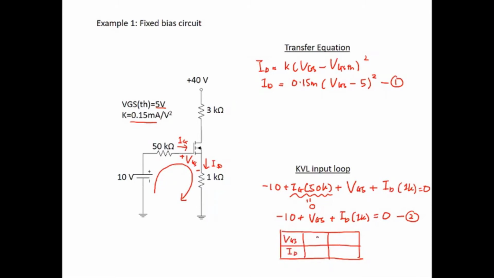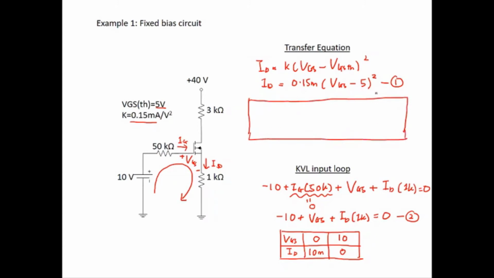If VGS is 0, based on this equation, ID will become 10 milliampere. If ID is 0, VGS will become 10 volt. So from this equation, you have the maximum drain current of 10 milliampere and the maximum gate voltage of 10 volt. And then next we do the table for the first equation.